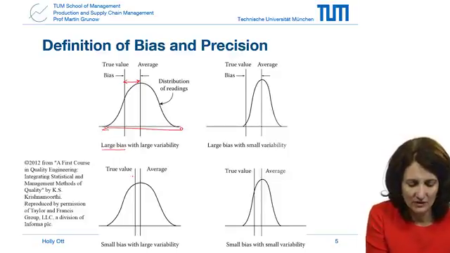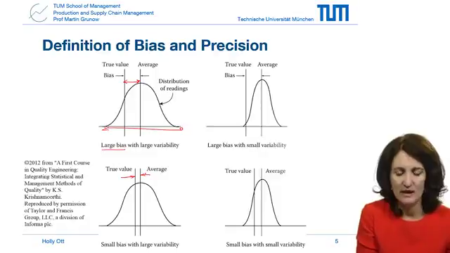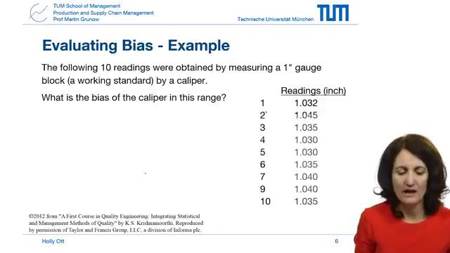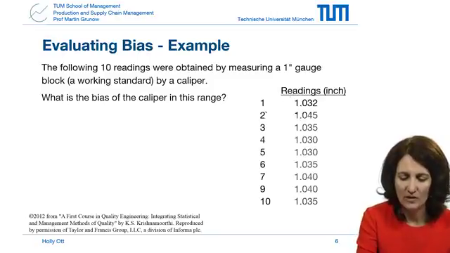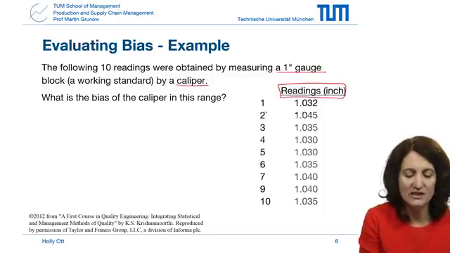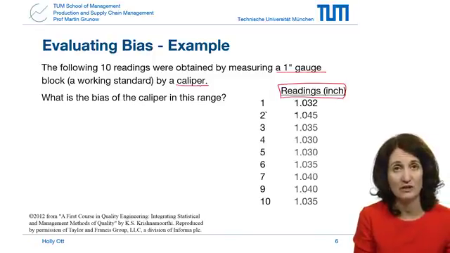And so you can have a large bias or a small bias. To calculate that, we have an example. Here we have 10 readings of a 1-inch block by a caliper, and we're interested in the bias of the caliper in this range.